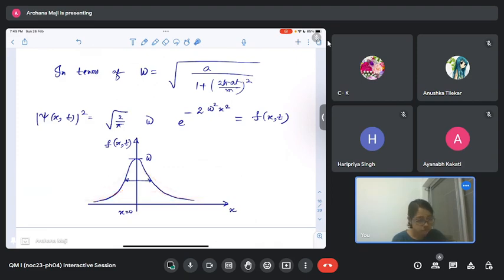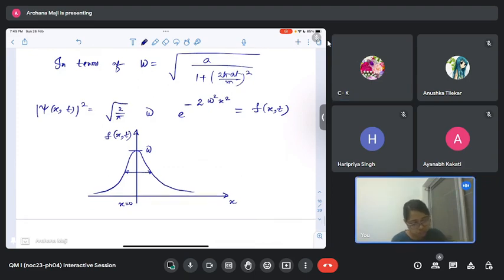Right? So let's say for t equal to 0, what is the height? Square root 2 by pi omega. Sorry, I was not considering this because that is a constant. Yeah, square root 2 by pi omega. So at t equal to 0, omega is nothing but square root a, correct?